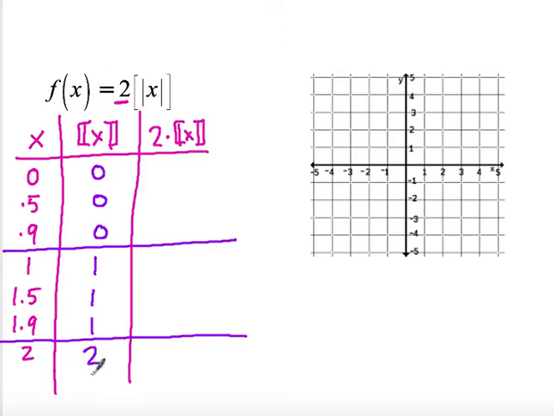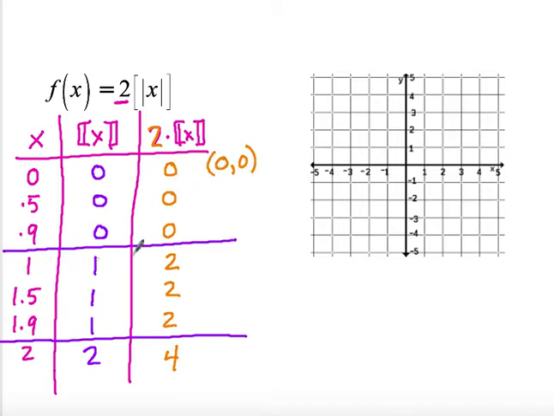Now I need to take all of those integers and multiply them by 2. So that's going to be 0 times 2, 1 times 2, and 2 times 2 is 4. So you can see that now I'm skipping integers because of the multiplication process. So my first ordered pair is going to start at 0, 0.